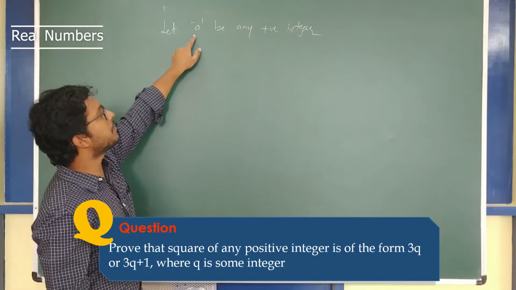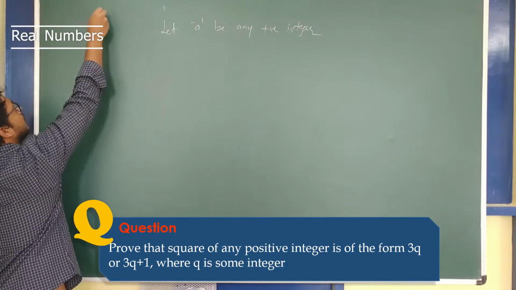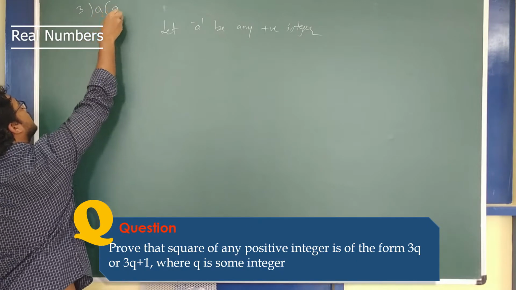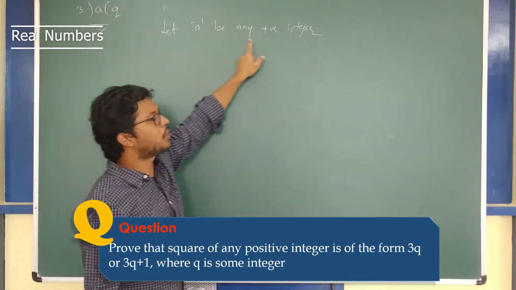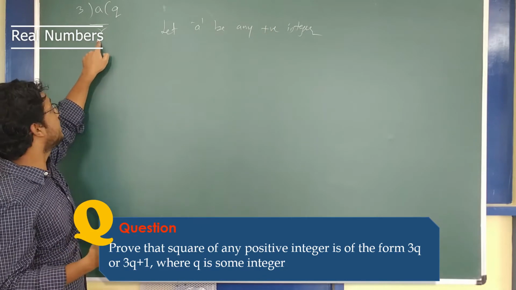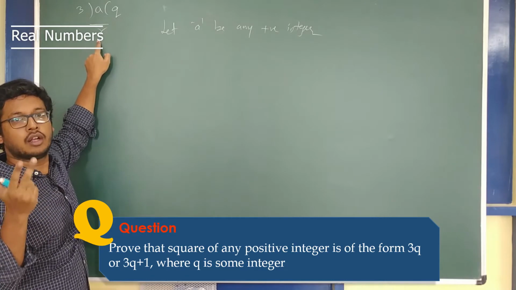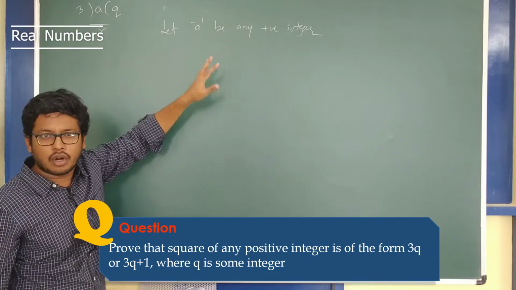So if I divide a by 3, a will be of the form 3q plus r. Since I am taking any positive integer, r can take values 0, 1 or 2. Please understand, here it is not restricted as positive, even number or odd number, nothing.